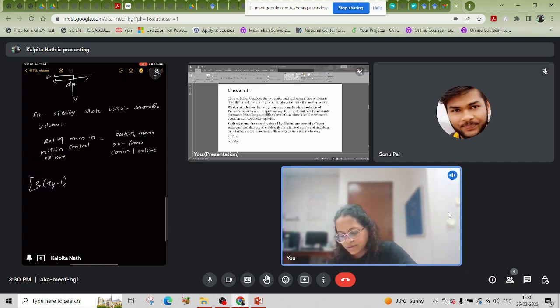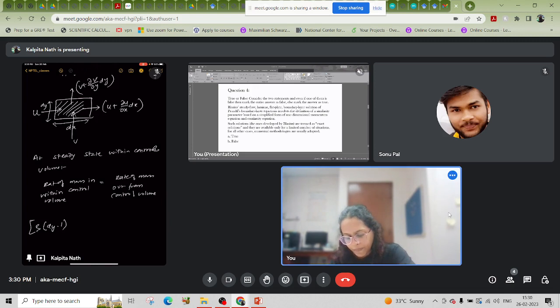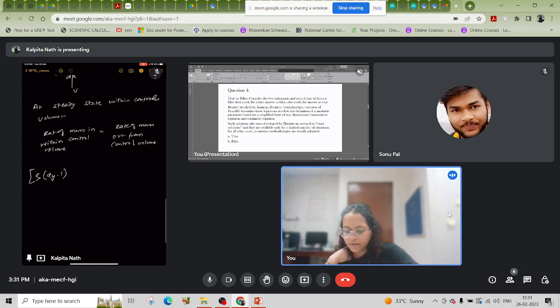So width we are taking as 1. So dy into 1, velocity u from this side. Mass flow rate will be density into cross-sectional area into velocity, right?